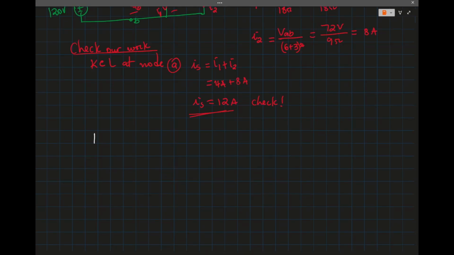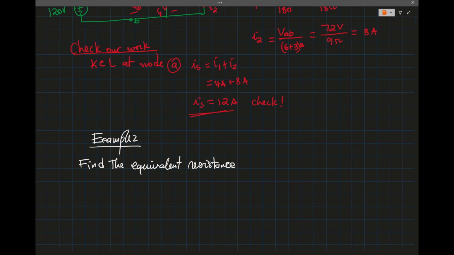So example 2. Find the equivalent resistance connected to the voltage source.